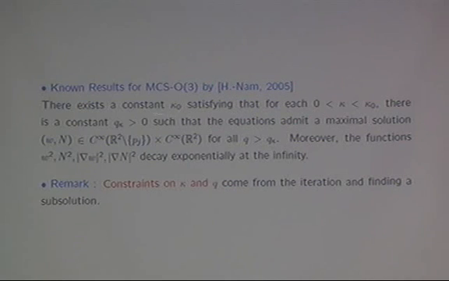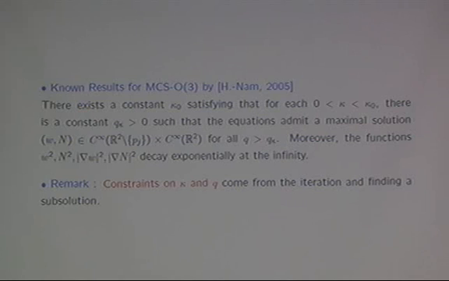If there is a constant kappa 0 satisfying that for each kappa between 0 and kappa 0, there is a constant q kappa such that our equation has a maximum solution for q bigger than this one, and these quantities decay exponentially at infinity, so they satisfy the topological boundary condition. The constraints for kappa and q come from the iteration scheme and finding a sub-solution.